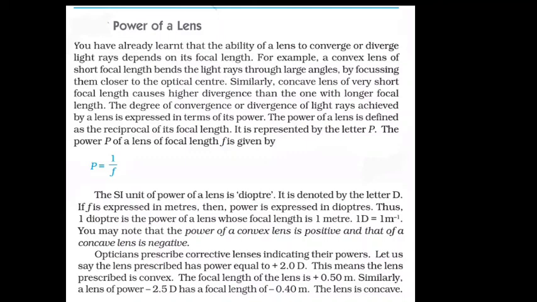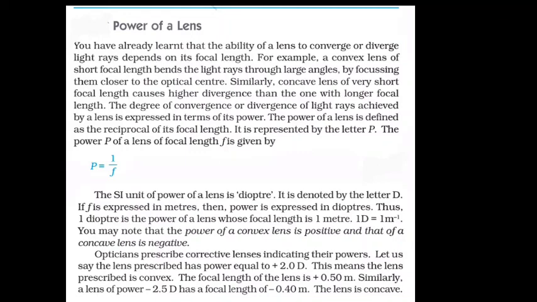The SI unit of power of a lens is the diopter, denoted by capital D. If f is expressed in meters, then power is expressed in diopters. Thus, 1 diopter is the power of a lens whose focal length is 1 meter. So, 1 diopter is 1 meter inverse. You may note that the power of a convex lens is positive and that of a concave lens is negative.